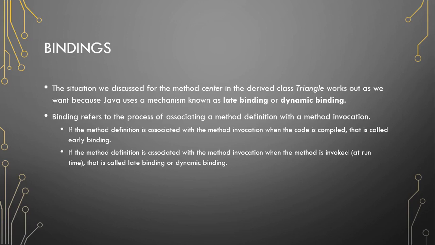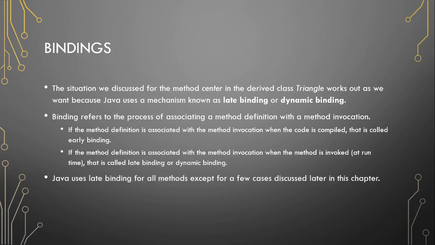However, if the method definition is associated with the method invocation when the method is invoked, which is at runtime, then that is called late binding or dynamic binding. Now, Java uses late binding for all methods except in a few cases which will be discussed later on.